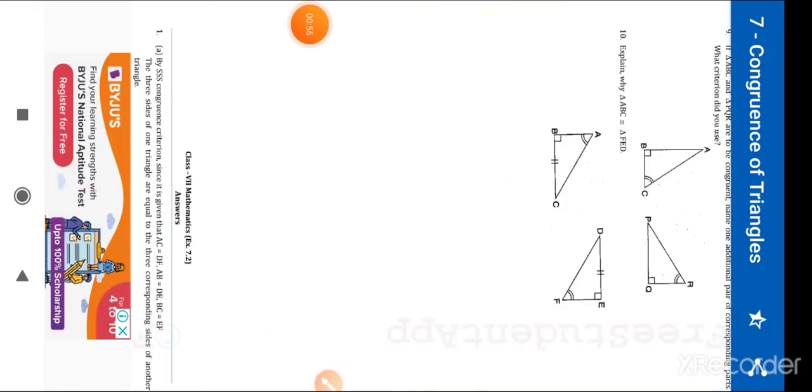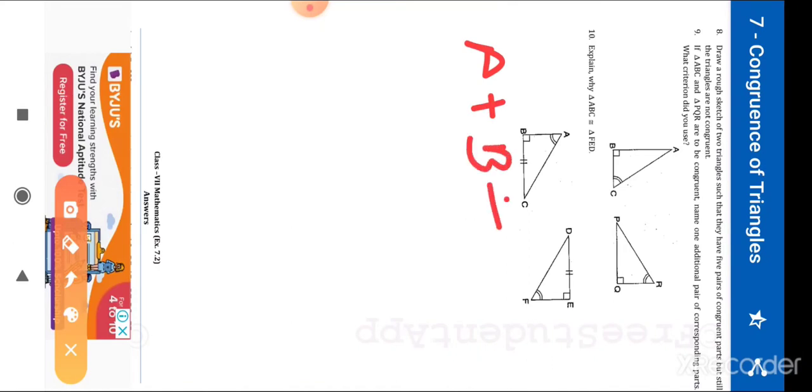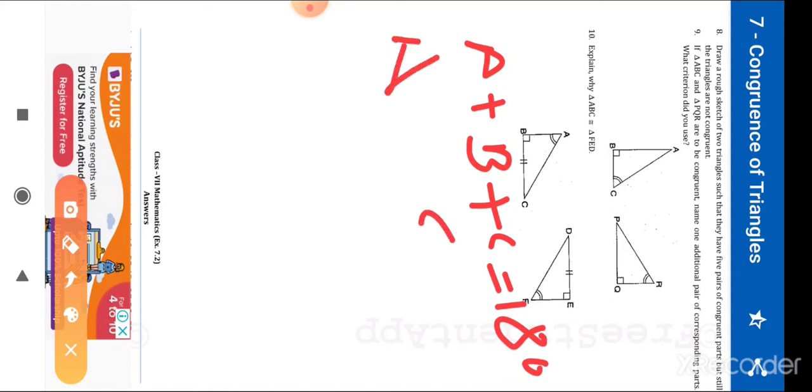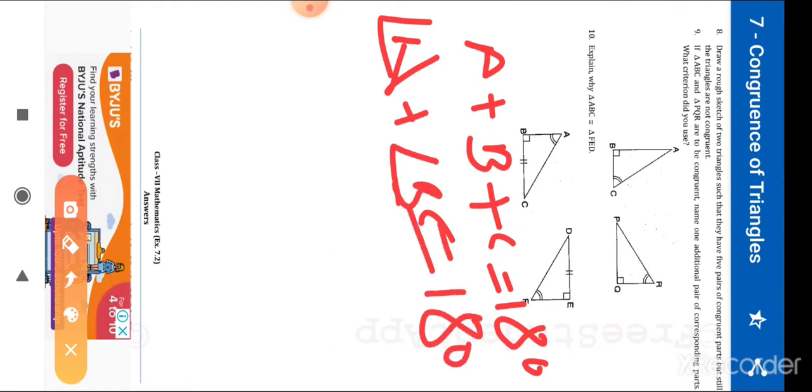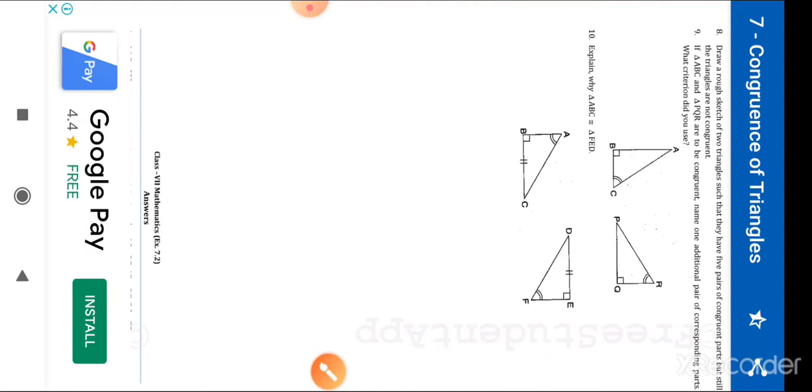For solving this question, first we are going to apply the angle sum property in triangle ABC. According to the angle sum property, the sum of the interior angles of a triangle is 180 degrees. So angle A plus angle B plus angle C is equal to 180 degrees. From here we can conclude that angle A plus B is equal to 180 degrees minus angle C. Now we are going to apply the same property in triangle DEF.